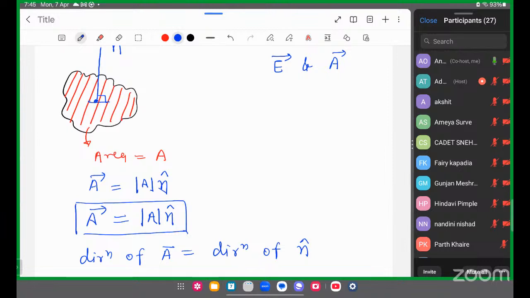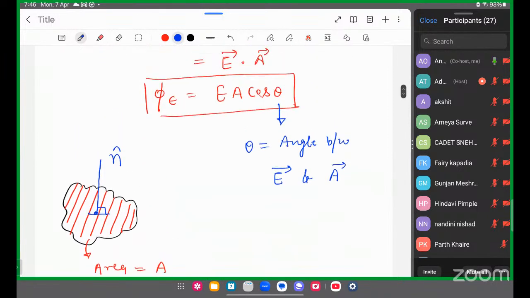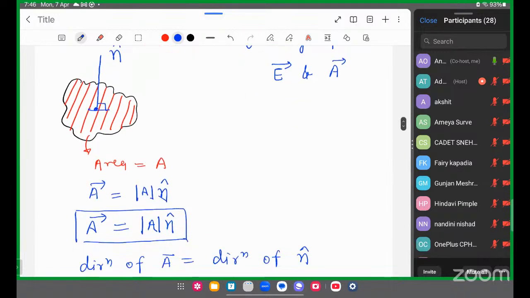It will start from the center of the sphere and make 90 degrees to the surface in the outward direction. So if you want to solve a question on electric flux, you have to remember two points. E is electric field, A is the area through which electric field lines are passing, and theta is the angle between E and A. There are different cases for theta.